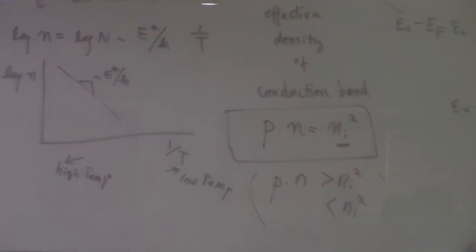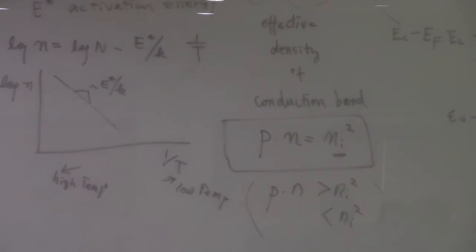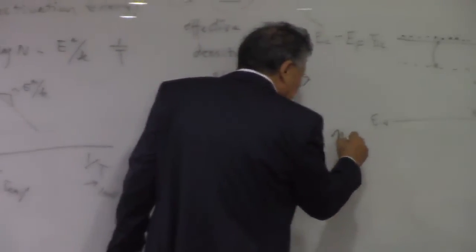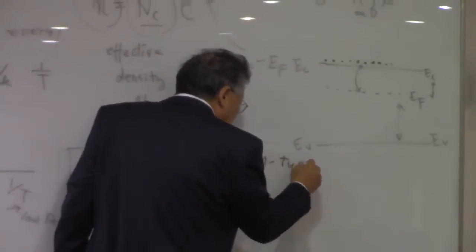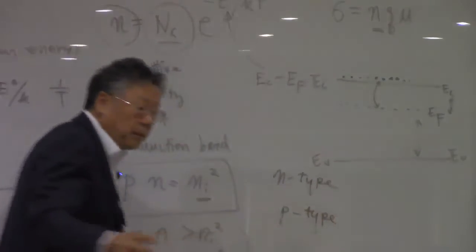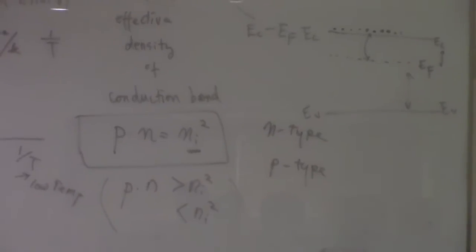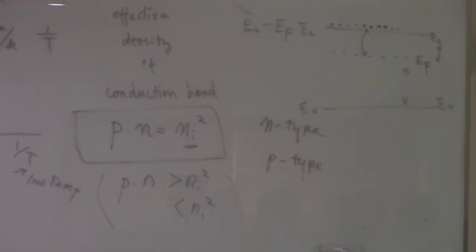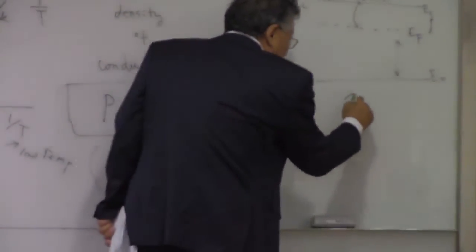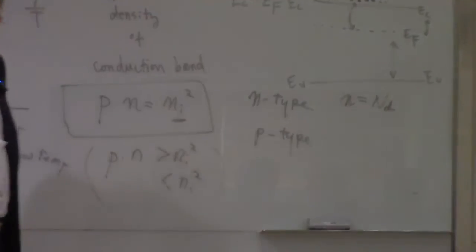So from here, you can see that a semiconductor can be N-type or P-type, depending on the doping. In an N-type semiconductor, n is equal to the doping density.